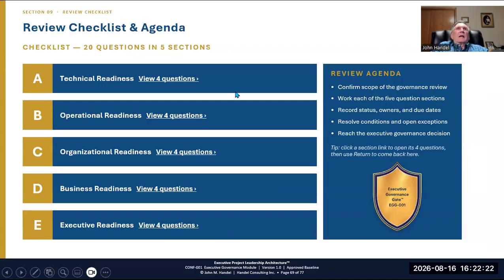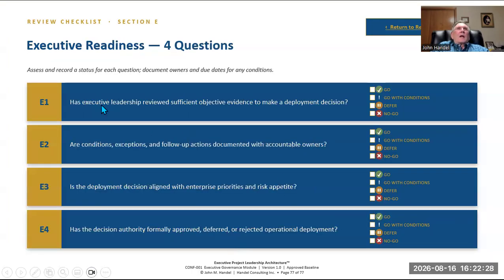Okay, and then the last one, executive readiness. Has executive leadership reviewed sufficient objective evidence to make a deployment decision? In other words, have you seen enough documentation to make a decision? Or are people still saying, I think it's good, but I don't have any real paperwork?